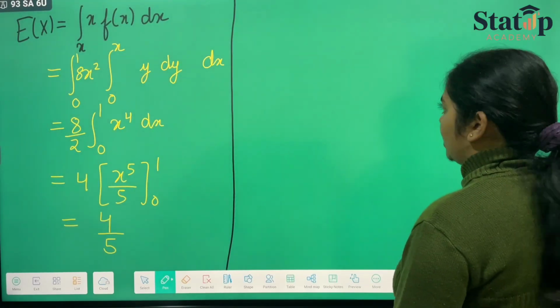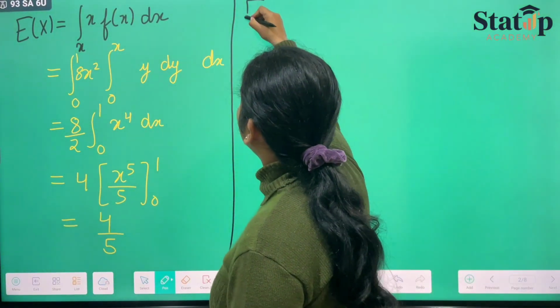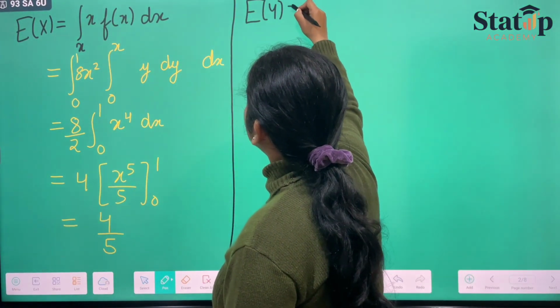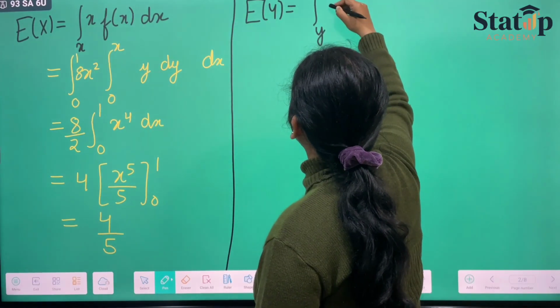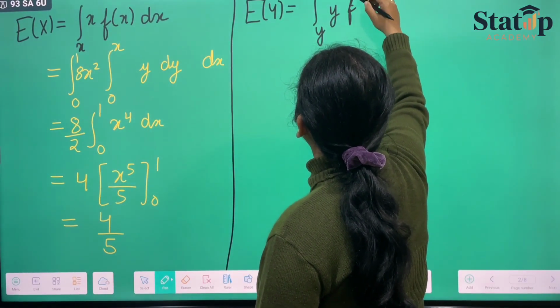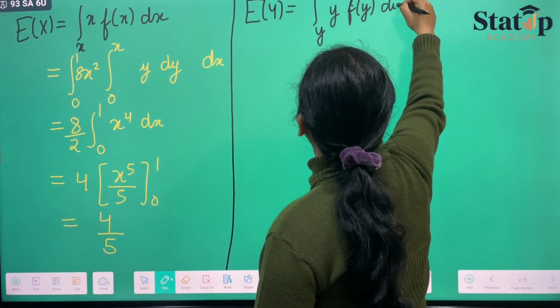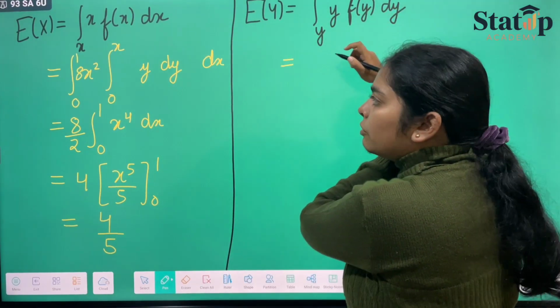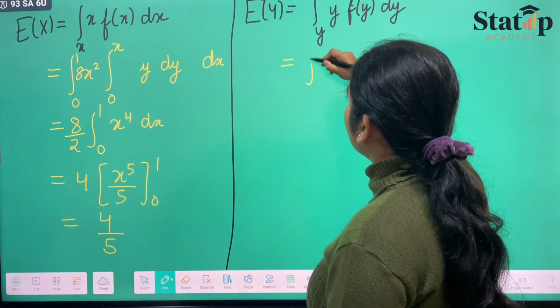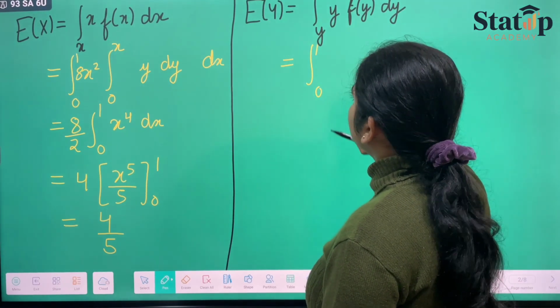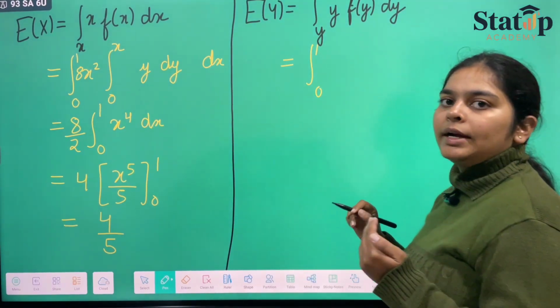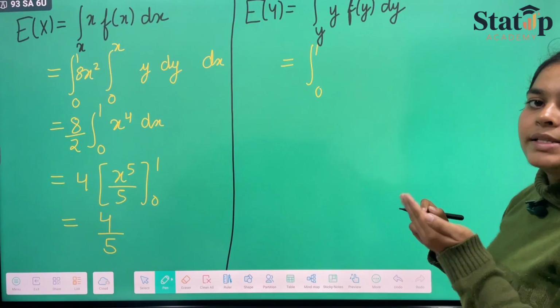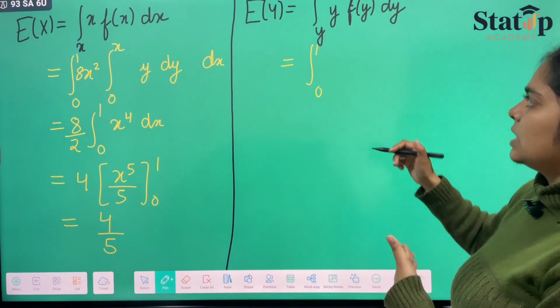Now similarly, we can proceed with the expectation of y. Expectation of y is nothing but integration over y of y fy dy, right? But since we don't know fy, first of all we'll take the limits of y. Y has the limit 0 and 1, and outside we take the limits of numbers, and inside we can take the limits of variables as well.